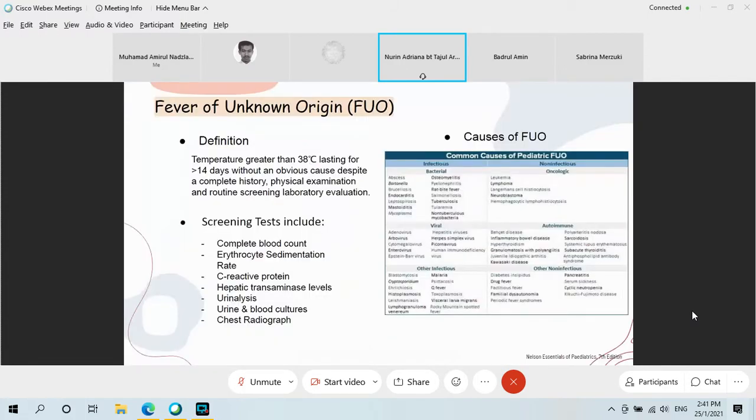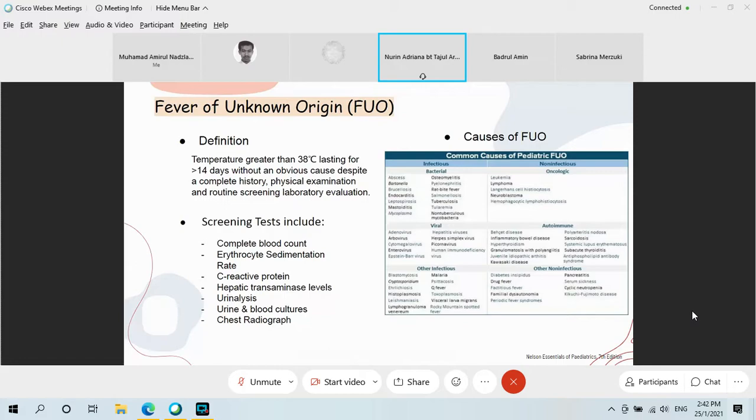For fever of unknown origin, first, the definition is the temperature greater than 38 degrees Celsius lasting for more than 14 days without an obvious cause despite a complete history, physical examination, and routine screening laboratory evaluation. So, the common routine screening labs include complete blood count, ESR, CRP, hepatic transaminase levels, urinalysis, urine and blood culture, and chest radiograph.